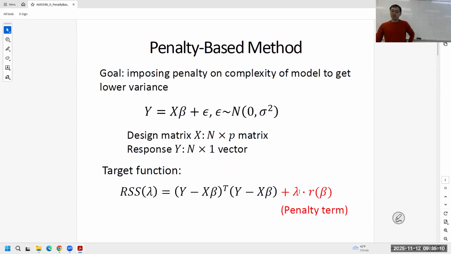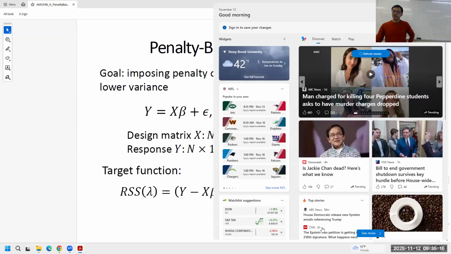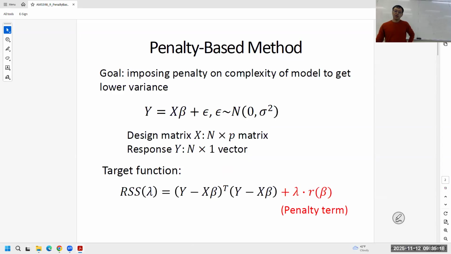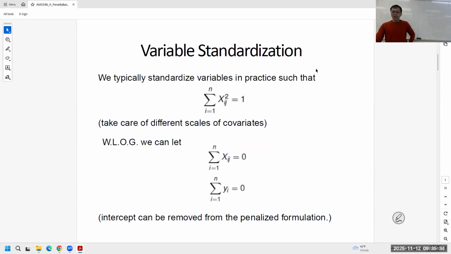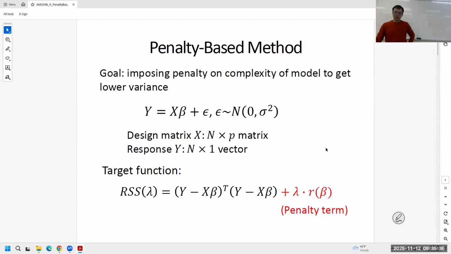So with this penalty term, in some cases you sacrifice a little bit of bias. In other words, your estimation is no longer unbiased, but you can greatly reduce the variance of the estimates. Therefore, the whole mean square error becomes smaller, so in that case it is beneficial. That's pretty much what we covered about the penalty method from last class, a little bit of a recap.